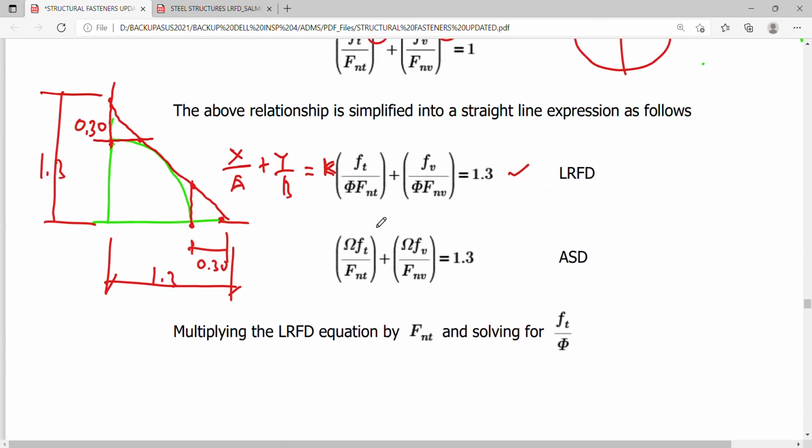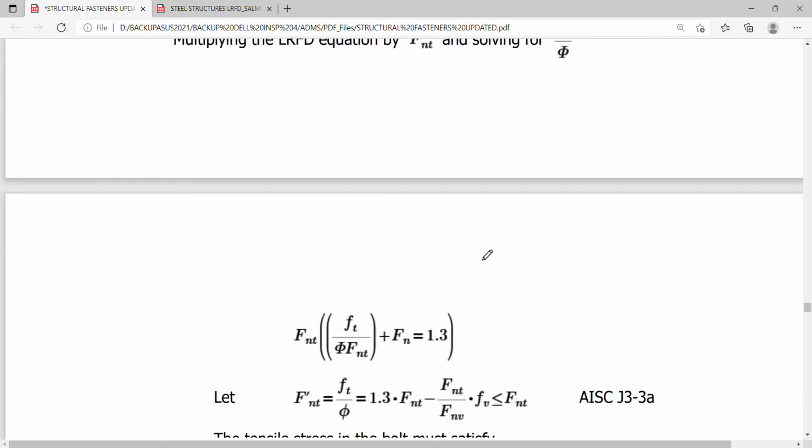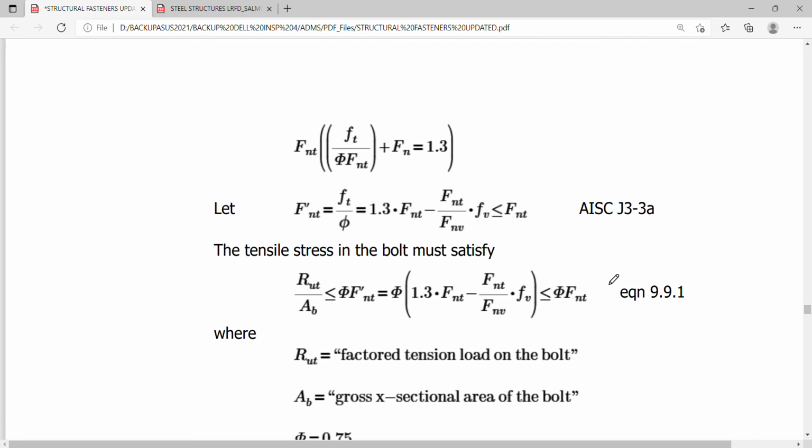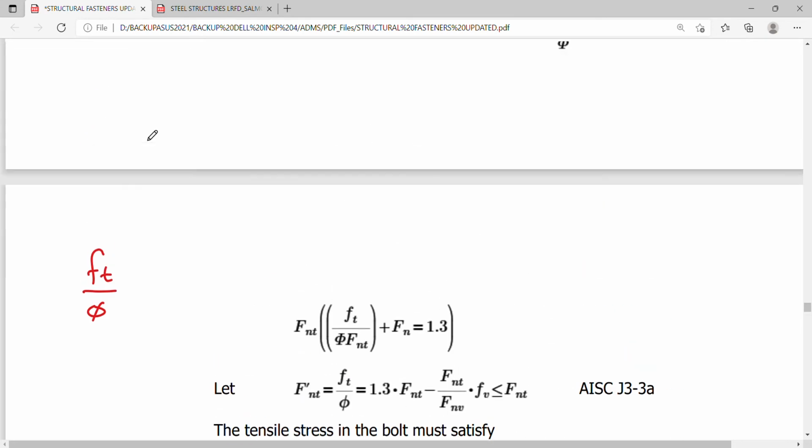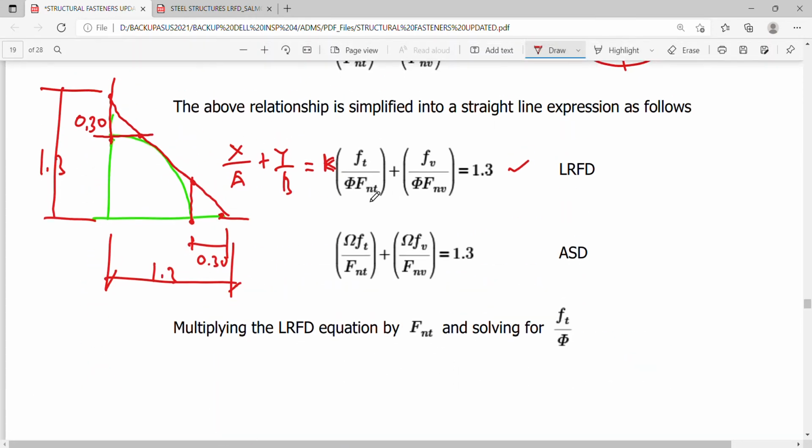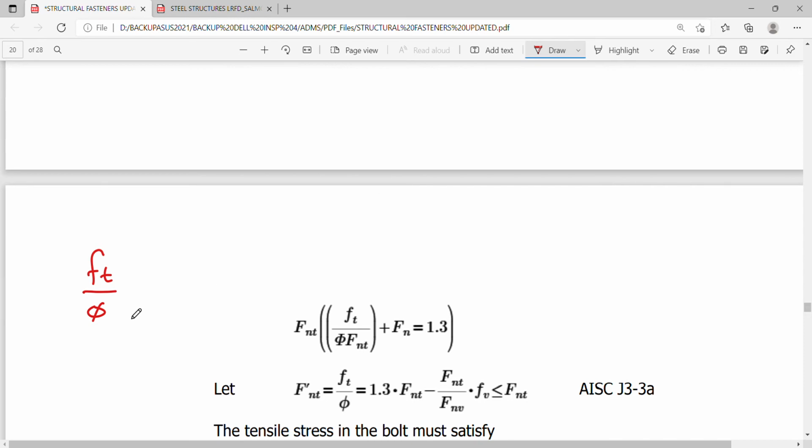So if you are going to simplify this mathematically, the error here is that you have to have, let's say, an Ft over phi. If I consider this equation here, I will be having an Fnt here plus an Fb over phi Fnv there, equal to 1.3.